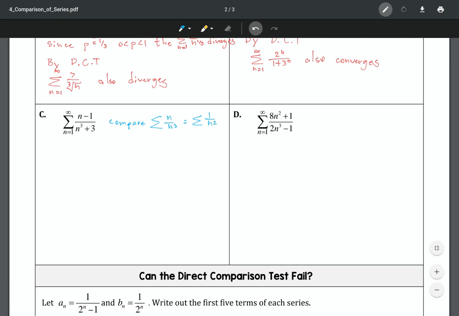Okay, so that's going to be comparing to that. Now, I have to figure out which one is bigger.